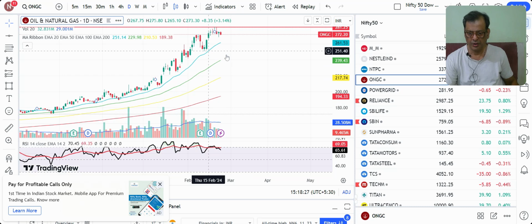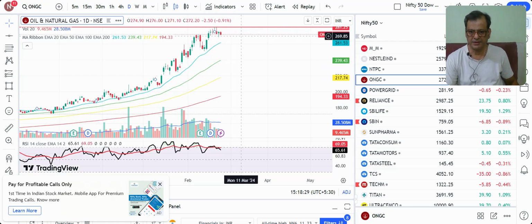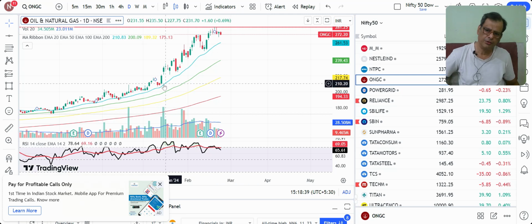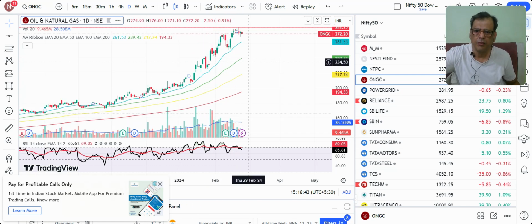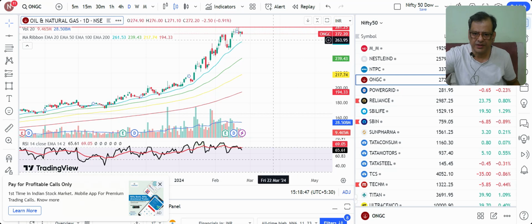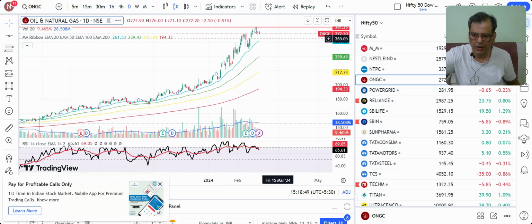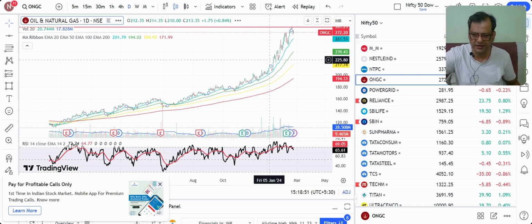Now this is a base. They are trying to hit, hit, hit, hit, hit. If they are able to, they'll break through. If not, they will come down. 20 EMA supporting prices. So what you have here is a resistance here. Where else can we draw a resistance line?